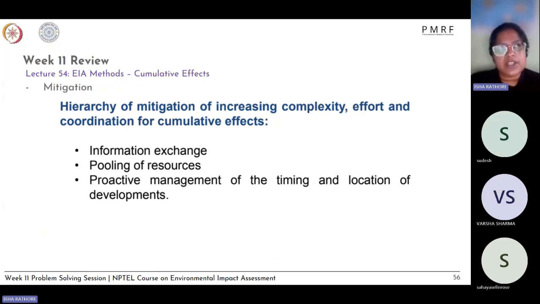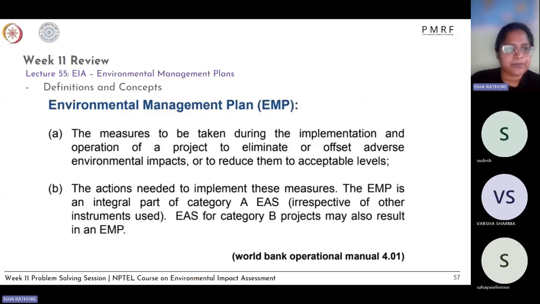Not just development activities, but the kind of land use and things which are at your site and how your construction activities can affect them, pooling of resources, and doing proactive management of timing and location of the developments. So after doing all of that information collection, how you're going to do your project management and at what timeline you're going to do what activities based on the proposed timeline for the nearby development, so that you don't lead to a higher magnitude of cumulative effects.